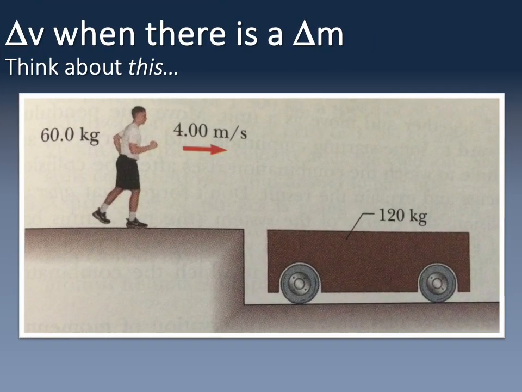So this is how to talk about change in velocity when you have a change in mass. So we're looking at this case where we have this rolling cart. It's stationary. And we have a human who is running. They're going to jump onto the cart. Well, I think we all know what's going to happen. They're going to jump on the cart, and the human in the cart will start to roll forward.